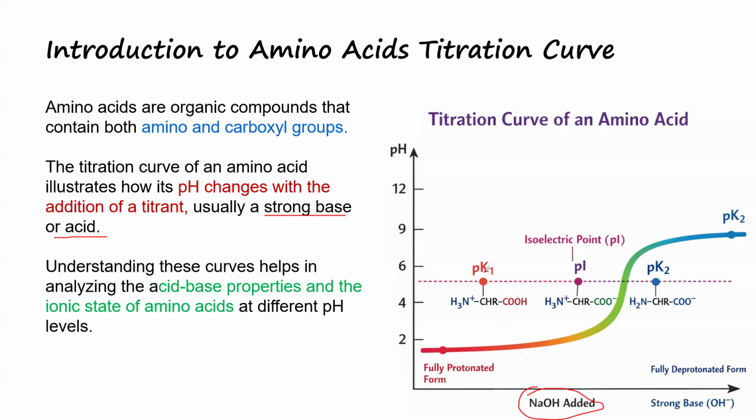So the pH changes with the addition of titrant is what the titration curve is trying to illustrate. So the titration curve of an amino acid is trying to show how the pH changes with the addition of the titrant. And as you can see from here, this is the pH against the strong base or acid added.